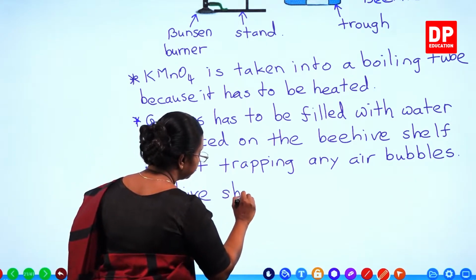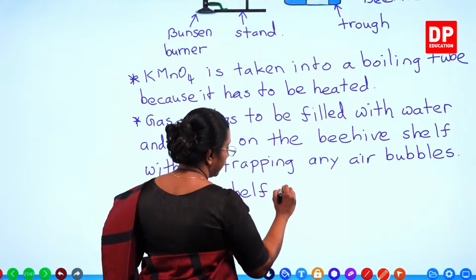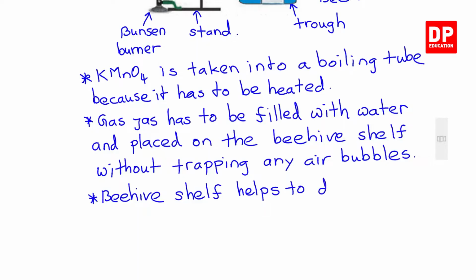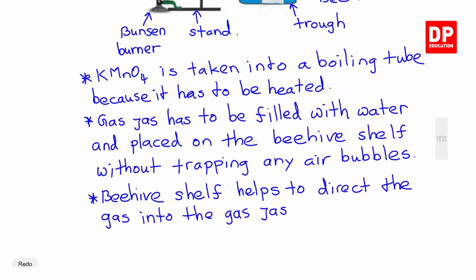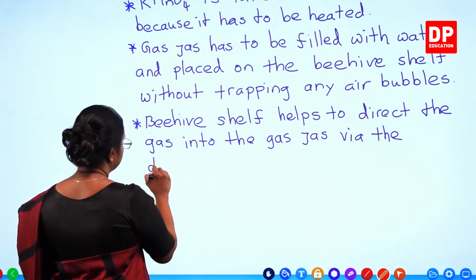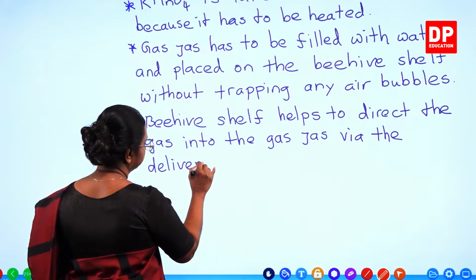Beehive shelf helps to direct the gas into the gas jar via the delivery tube.